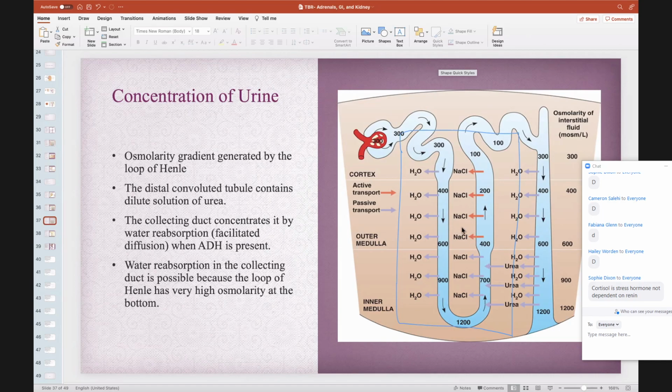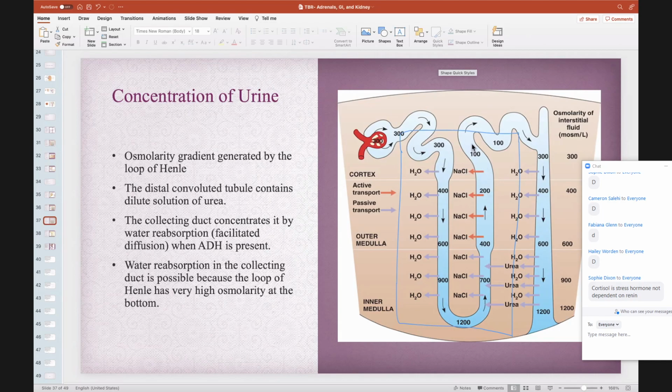As we're pumping more and more out, we are diluting the filtrate. You're not pumping out the urea, so we're not reabsorbing any of this toxic stuff at this point. That stuff is still inside the filtrate, but we are reabsorbing more of this sodium chloride.